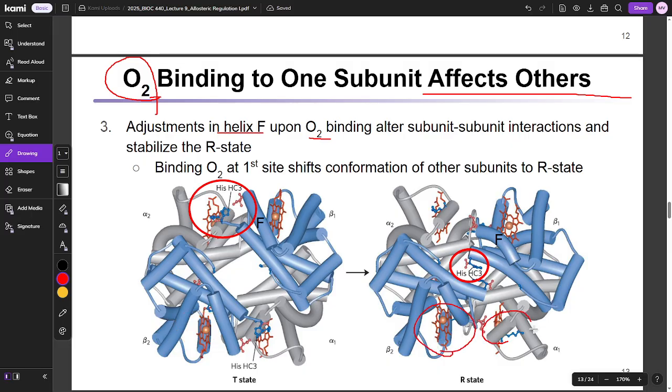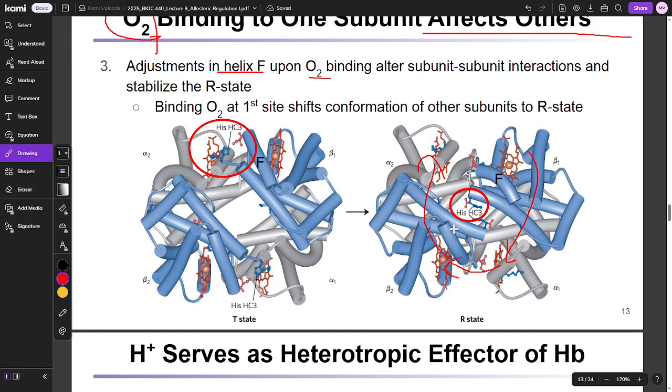So the binding of 1, if 1 or 2 bind O2, you pull one of these hemes. That small angstrom pull actually completely changes the structure here, the structure here, the structure here, and ultimately results in the binding of more O2.